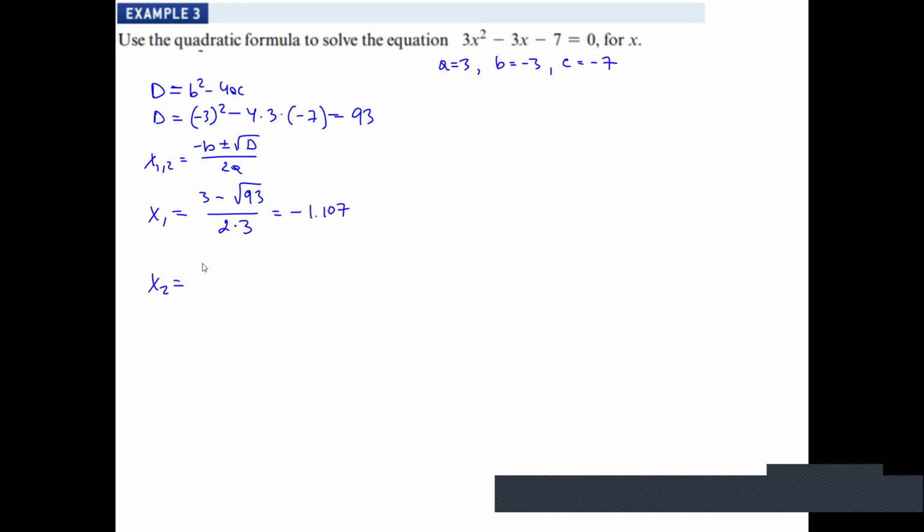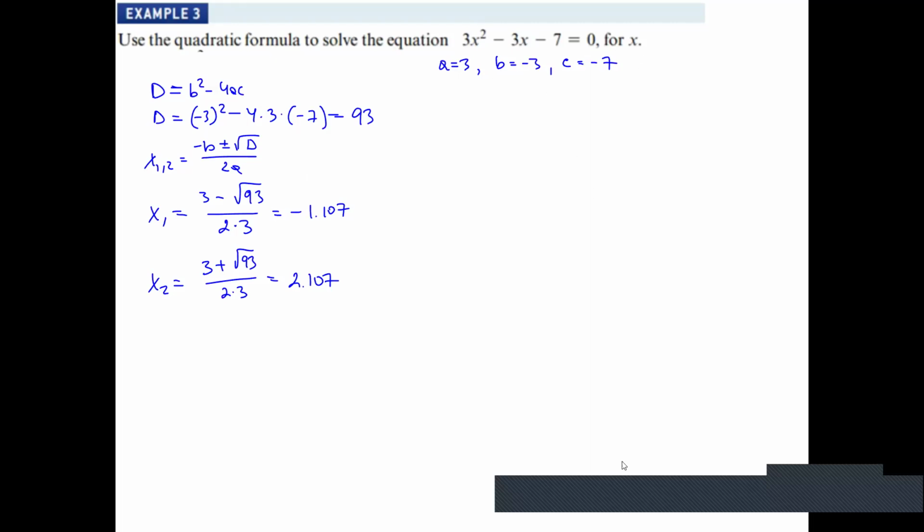X2 is 3 plus square root of 93 over 2 times 3. So 3 plus square root of 93 divided by 6 is 2.107.